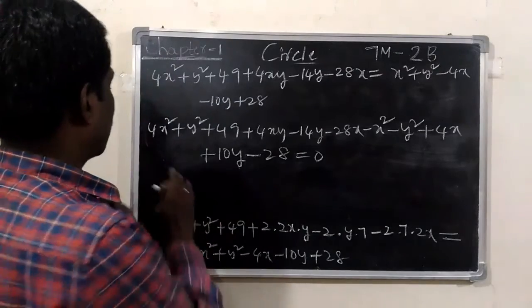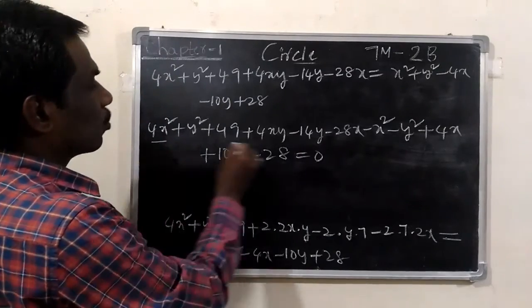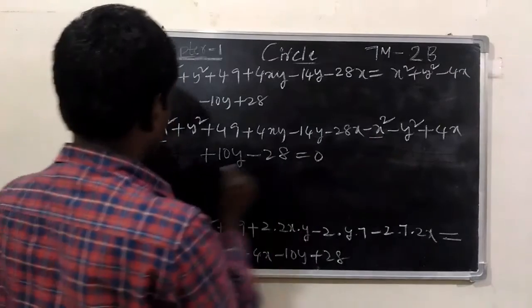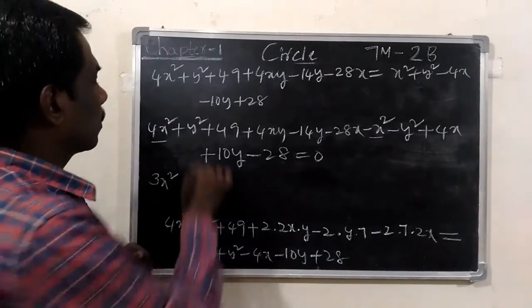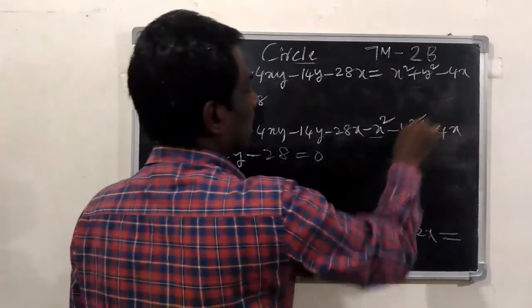Now we simplify it. So 4x square minus x square is 3x square, and next plus y square minus y square gets cancelled.